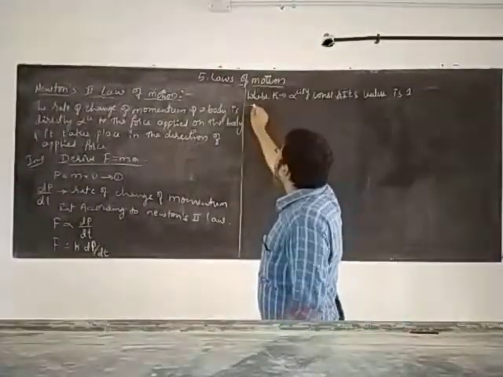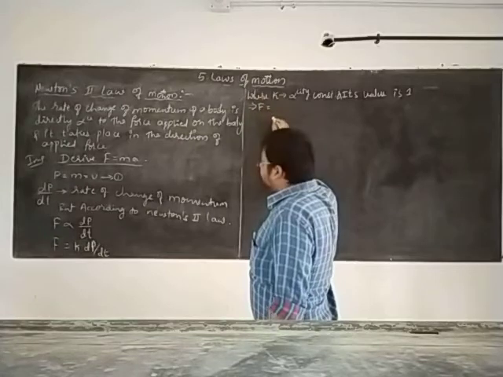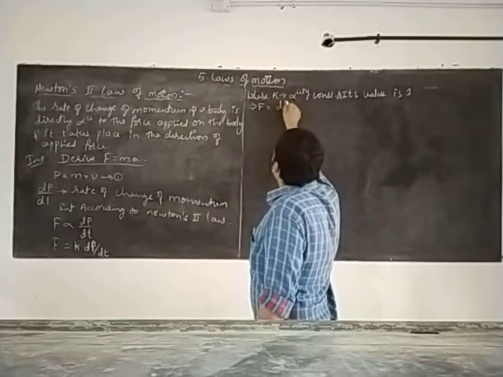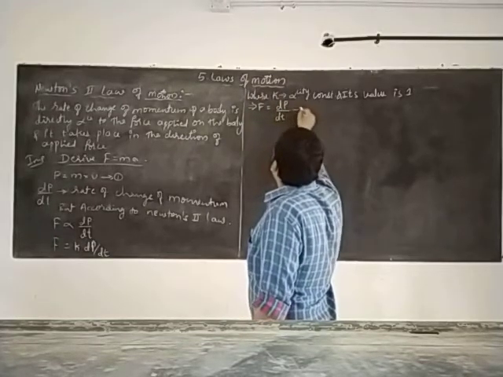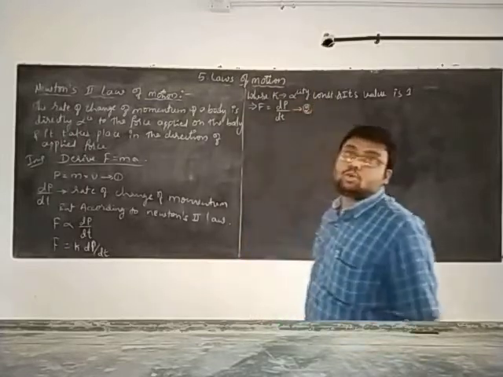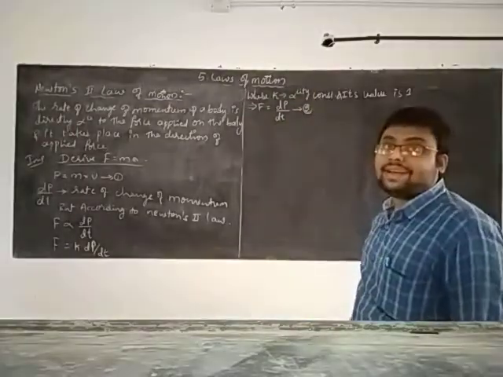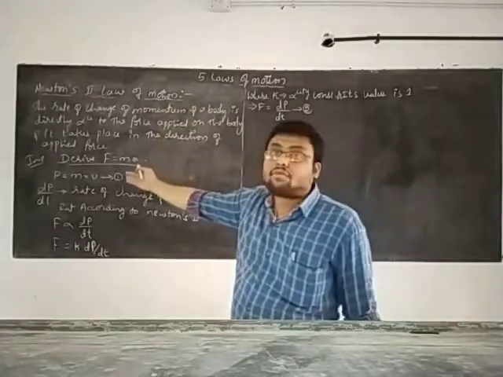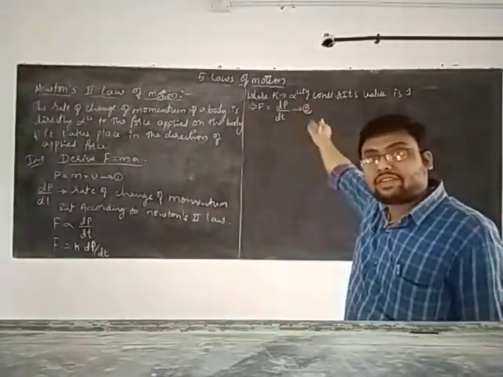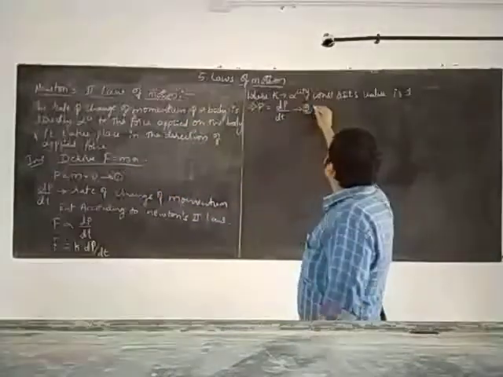Then F is equal to dP divided by dt, called equation number 2. F is equal to dP by dt. Now we have the value of P from equation 1, and you need to substitute equation 1 in 2. Right?